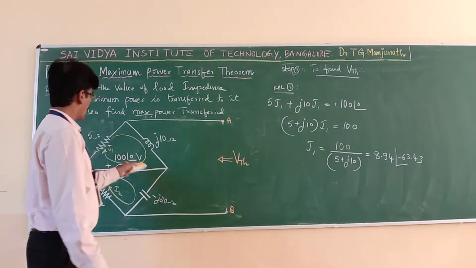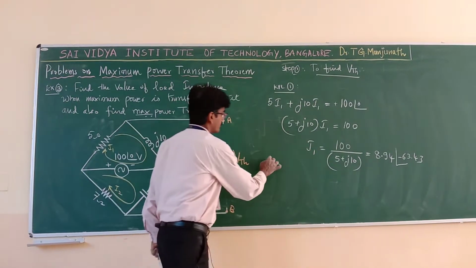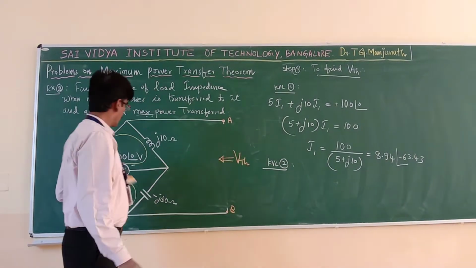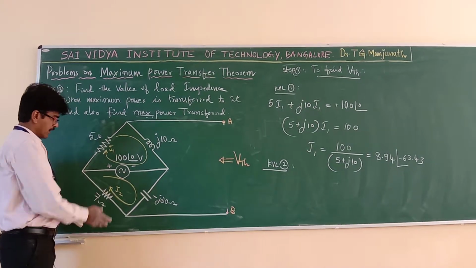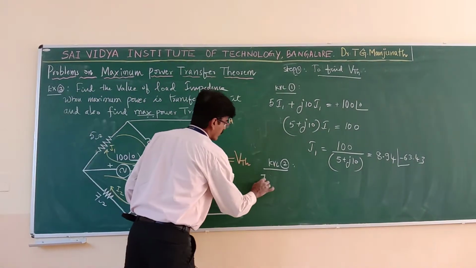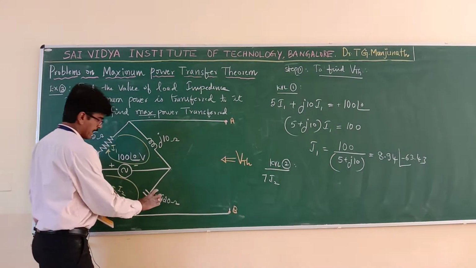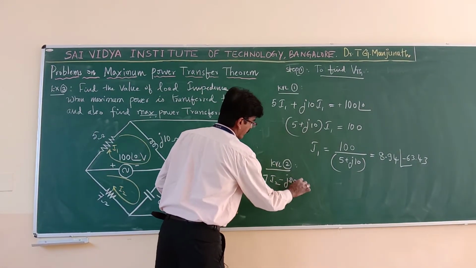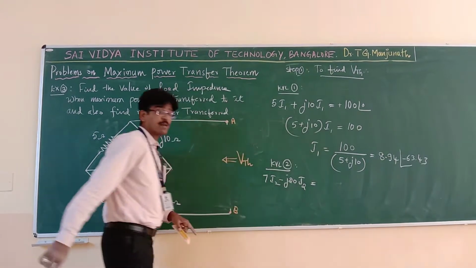Next, I should apply KVL to the second loop. Applying KVL here: 7 I2 minus J20 I2 is equal to what?